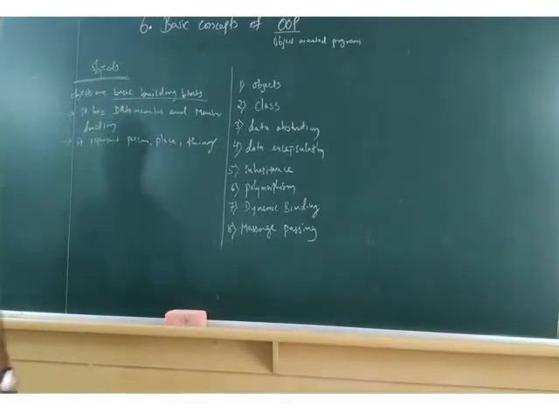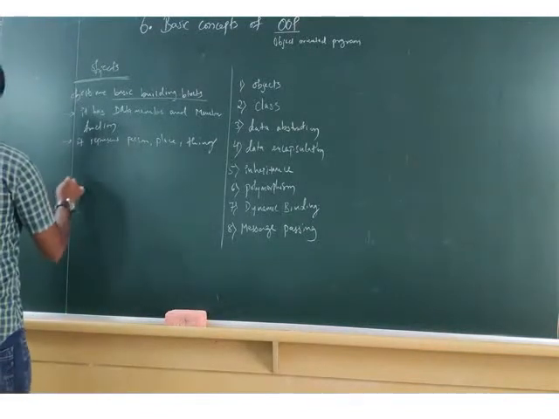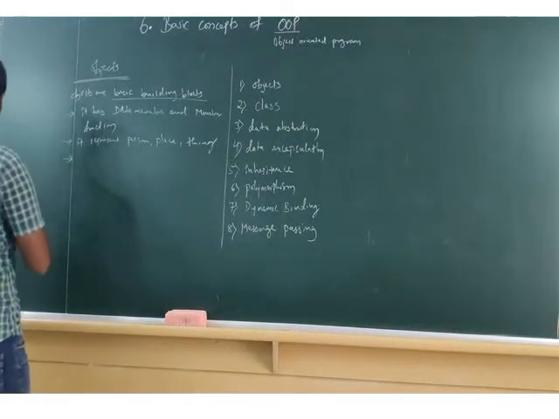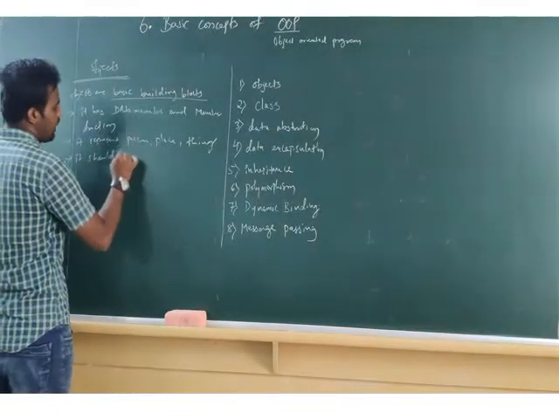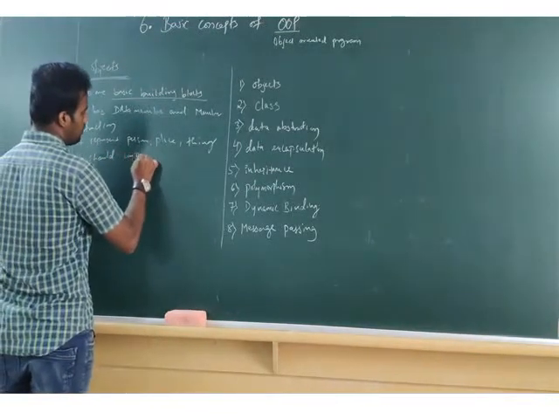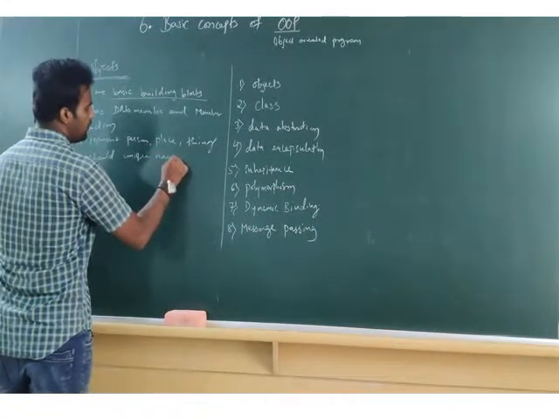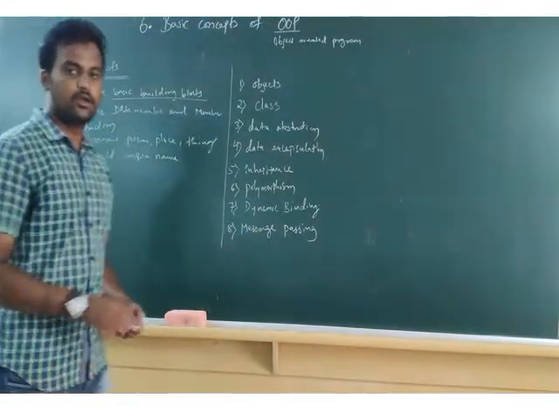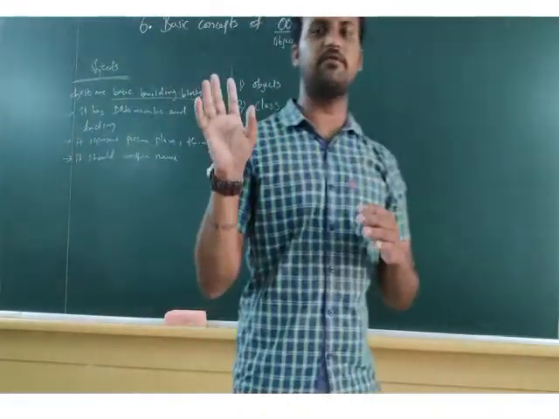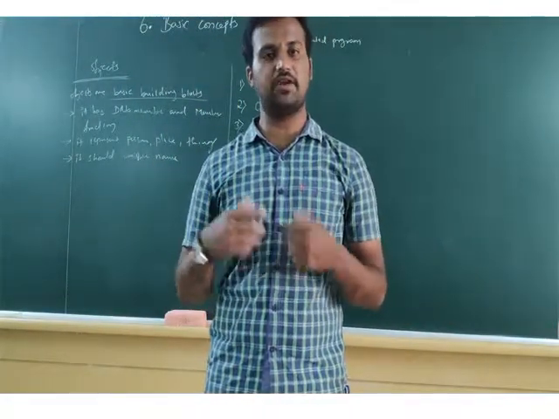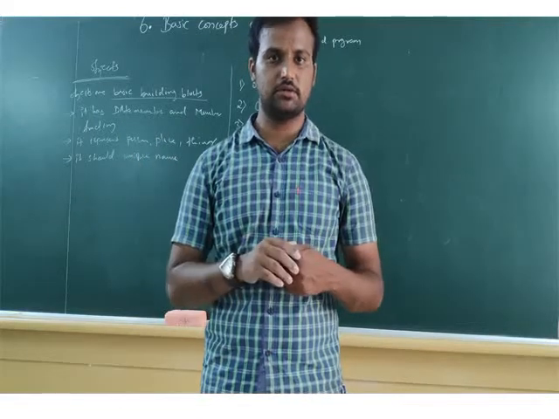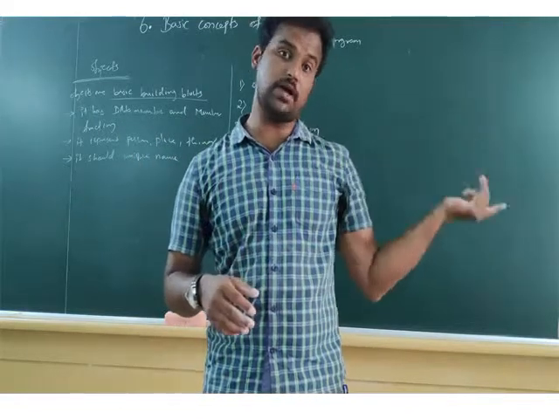Next point is it has a unique name. An object should have a unique name. So what does unique name mean? For every object we have given a name. For example, benches are there. We have given the name called bench. We cannot call a table a bench.